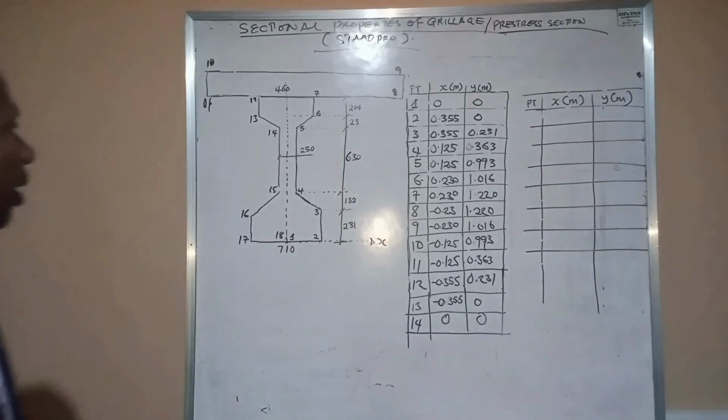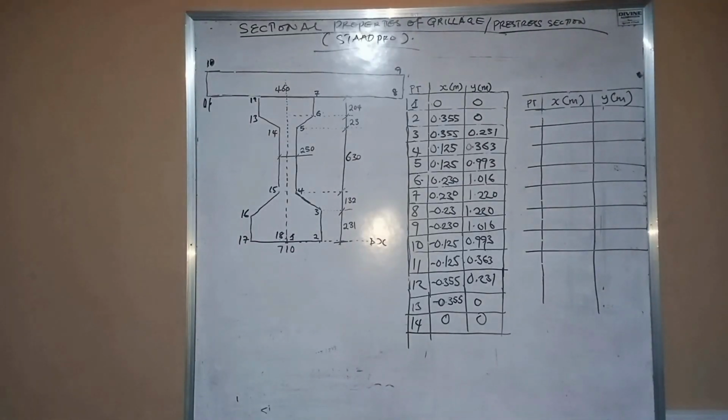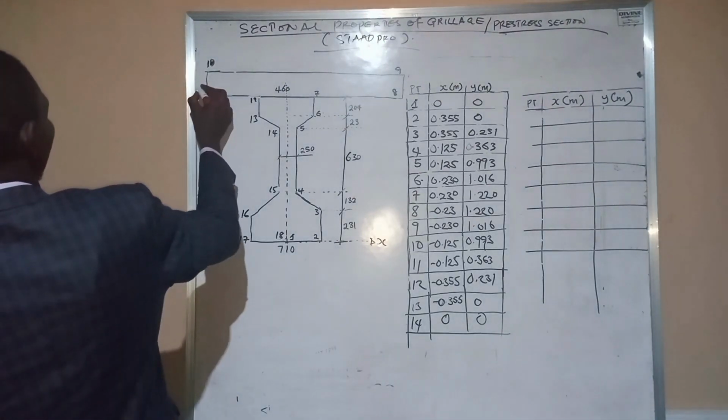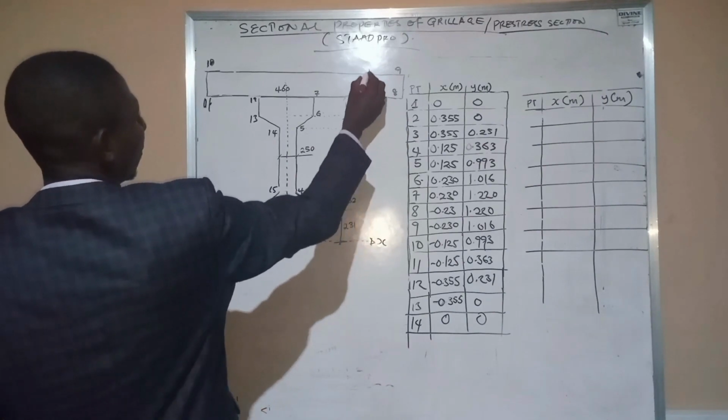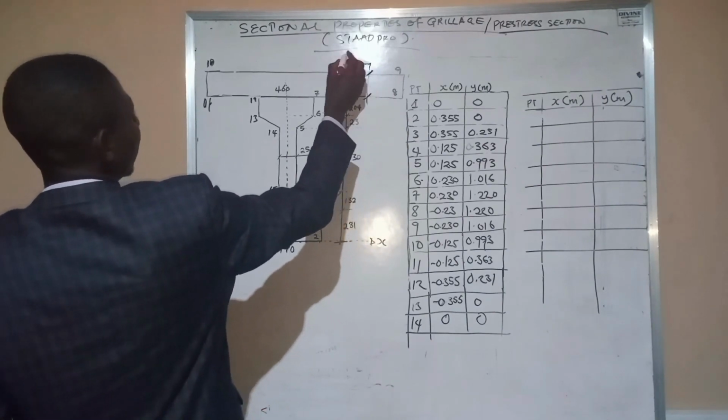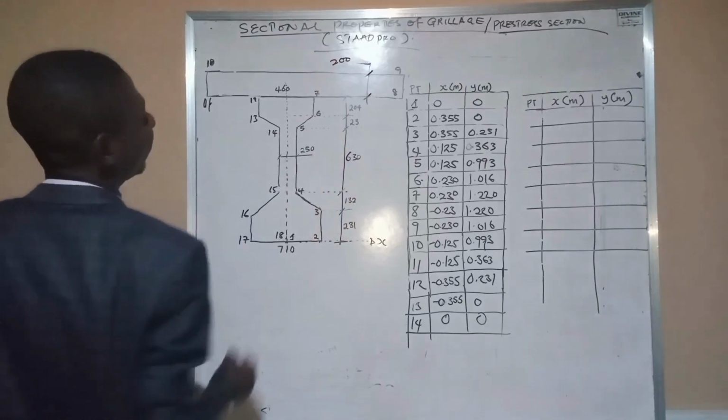All right, so I've done the renumbering of the section so that we can calculate it. Remember that here is 200. The thickness of this slab is 200. All right, so I have it as 200.